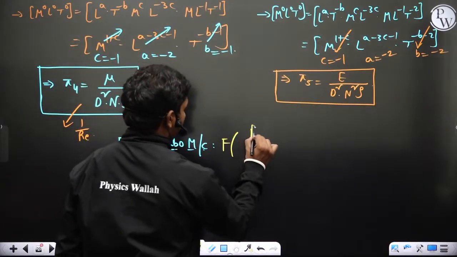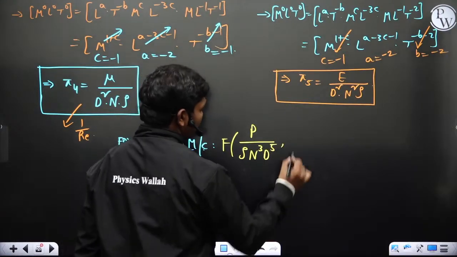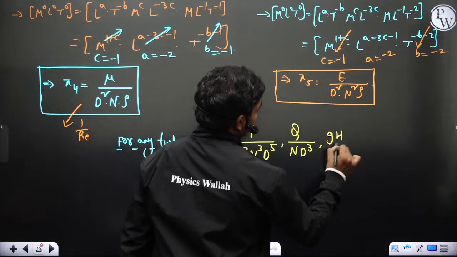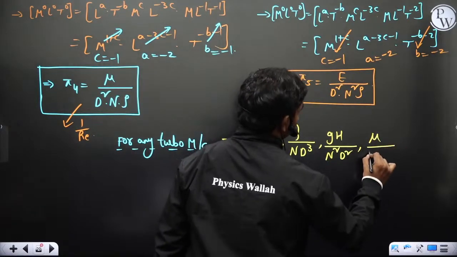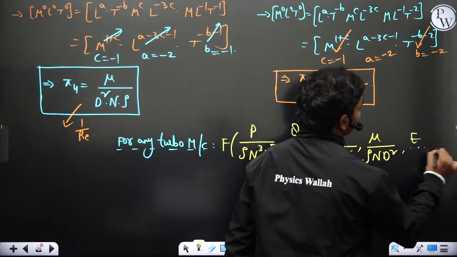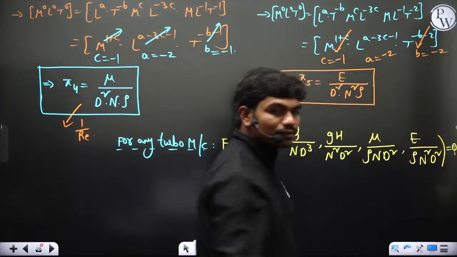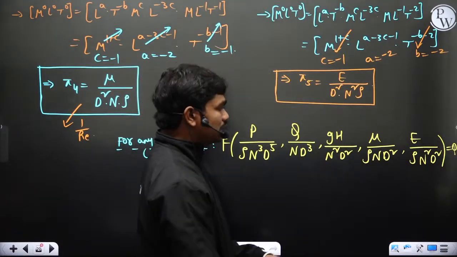So P by rho n cube d power 5, comma Q by n d cube, GH by n square d square, Reynolds number mu by rho n d square, and this guy is E by rho n square d square, is actually 0.